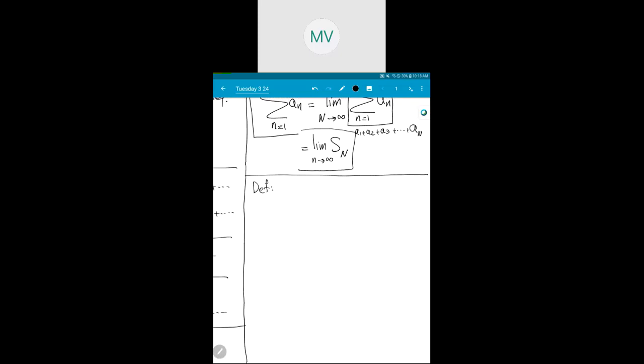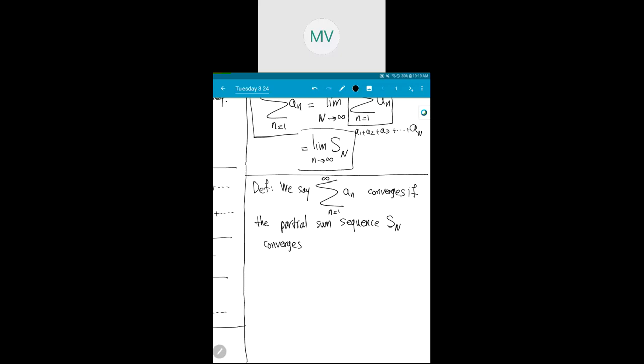Definition: we say the sum of a sub n from 1 to infinity converges if the sequence of partial sums, S sub n, converges.